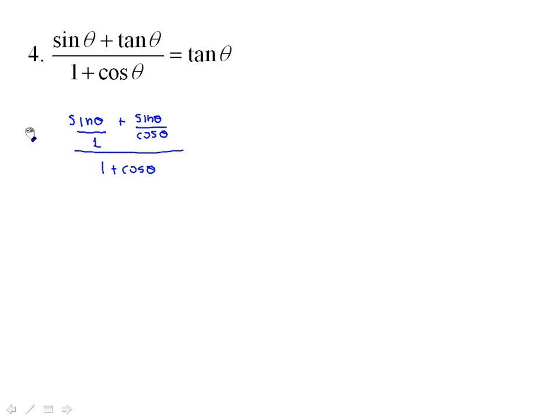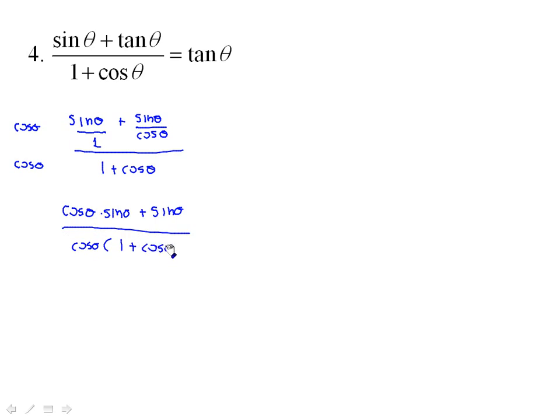So instead of getting the LCD, let's multiply the top by cos theta and then the bottom by cos theta. A nice touch. And you'll see what happens is cos theta times sine theta is going to be cos theta sine theta. But when we multiply cos theta by sine over cos, the coses cancel. And that will leave us plus sine theta. And then the denominator will be cos theta multiplied by 1 plus cos theta.